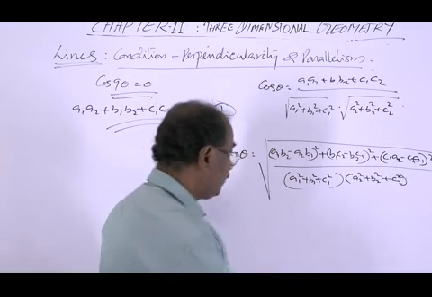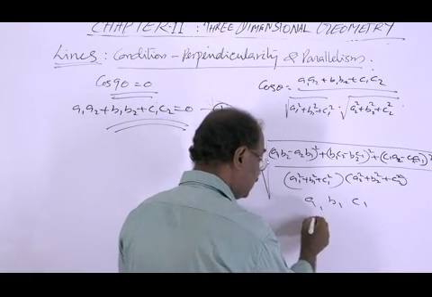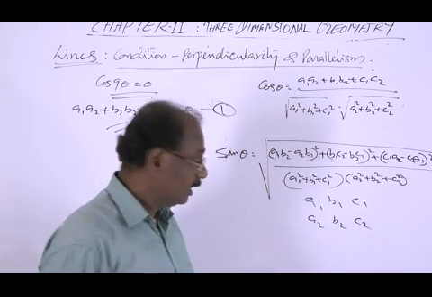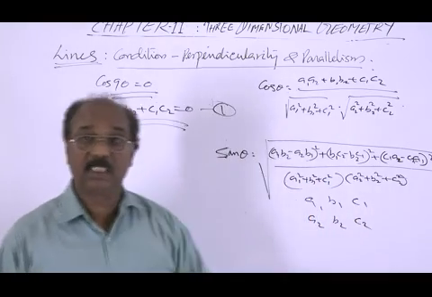Here a1 b1 c1 are the direction ratios of the first line, a2 b2 c2 the direction ratios of the second line, then a1 a2 plus b1 b2 plus c1 c2 equal to 0. That is the condition.